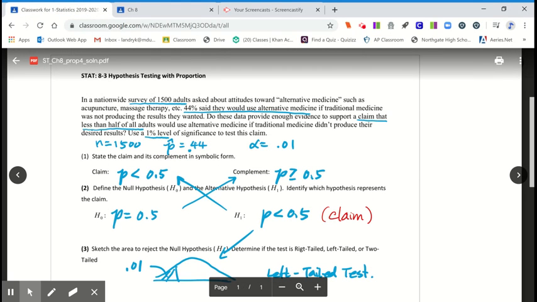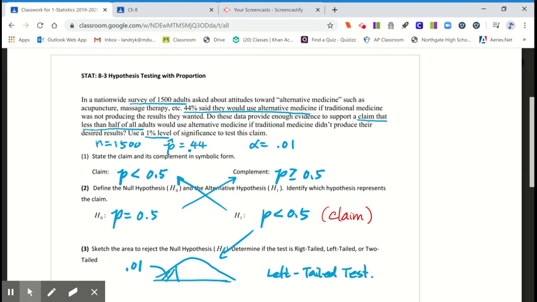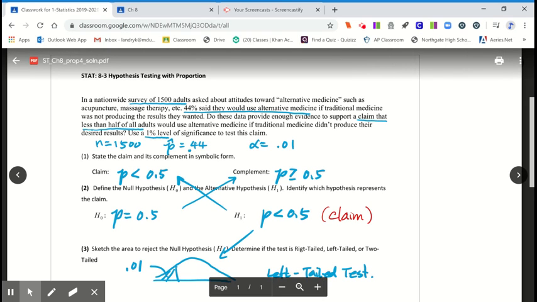Here we go. Okay, so this is an example problem. In a nationwide survey of 1,500 adults, so that gives me n is equal to 1,500, asked about attitude toward alternative medicine, such as acupuncture, massage therapy, etc., 44% said they would use alternative medicine if traditional medicine didn't work.